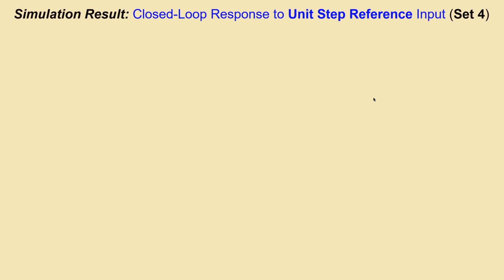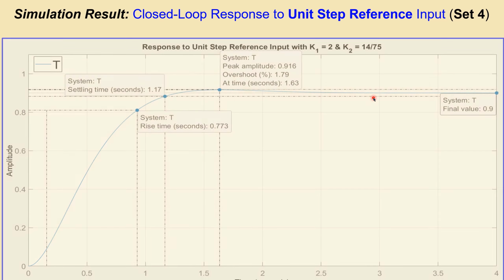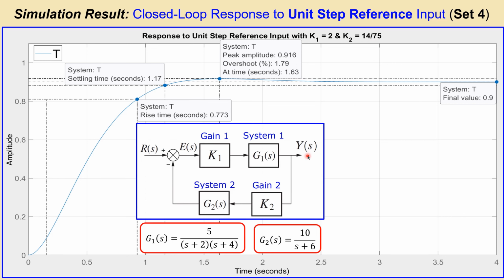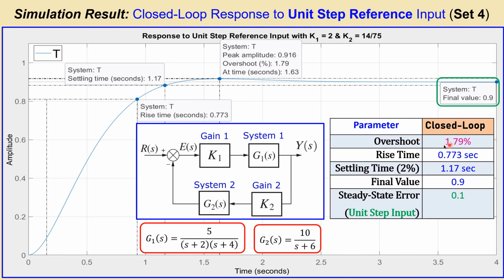Now let's also check the final set, set 4. K1 is 2 and K2 is 14 over 75. That was actually the condition. This is again the system, and again our final value of 0.9, which is what we required. And again here the summary, you can see it's almost 1.8, or 1.79%, for the overshoot, very small.